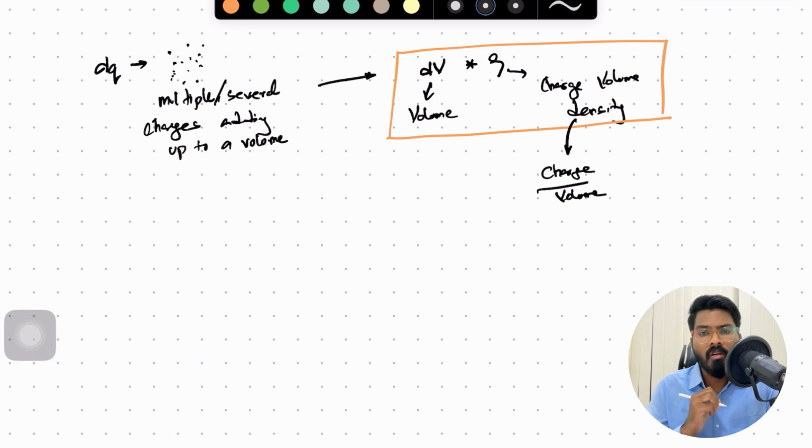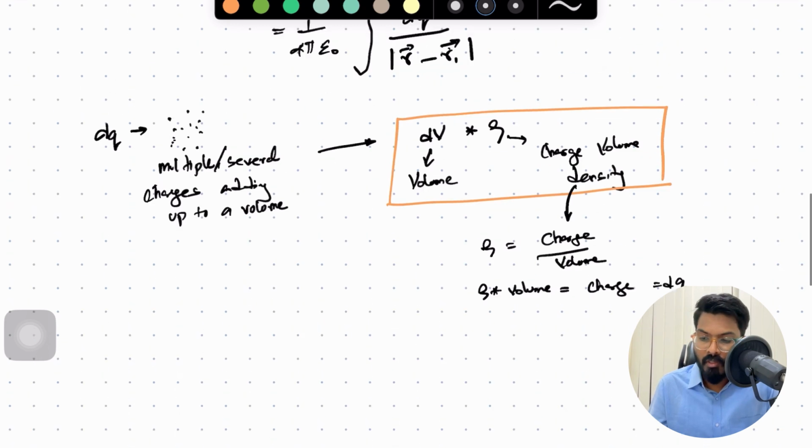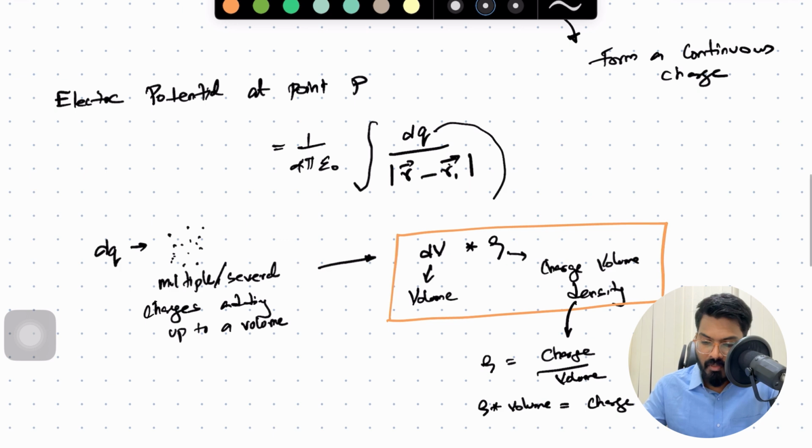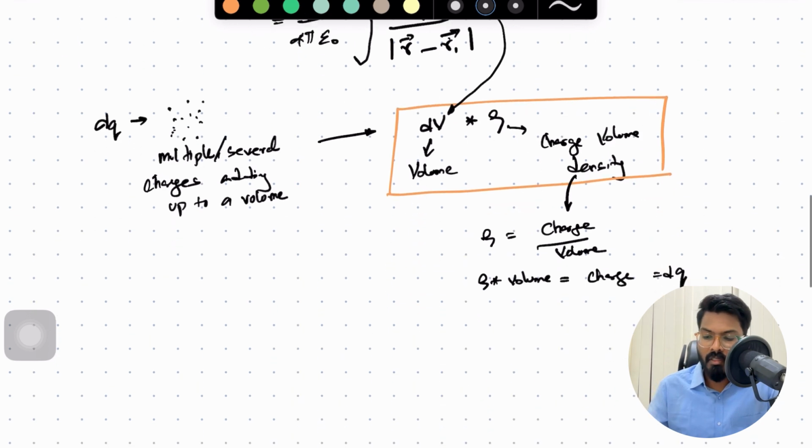That is charge volume density. So rho equals charge per volume. Now if I multiply rho by volume, I get charge, which is dq. That is the reason I have substituted dq with rho into dV. Now this gives me the charge that is distributed over a volume.